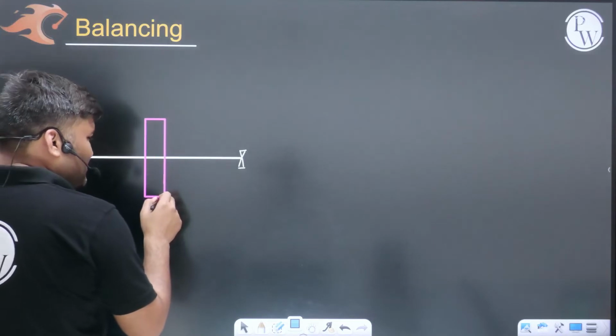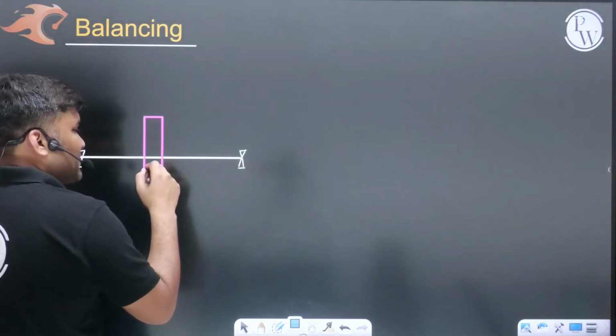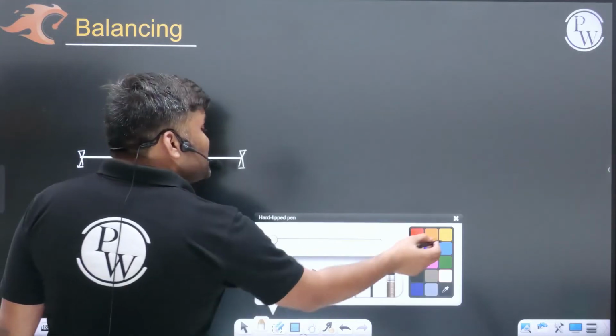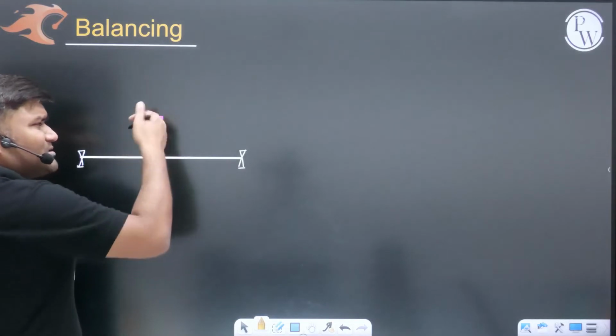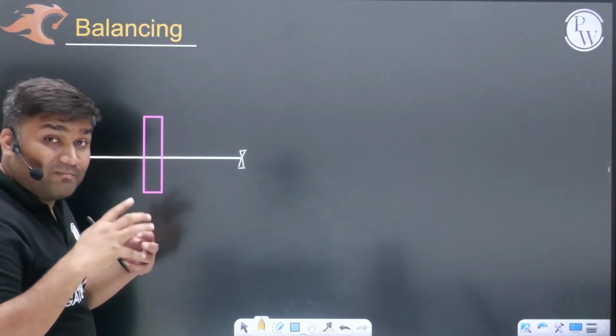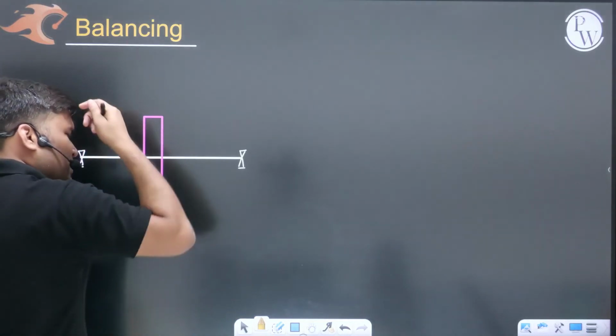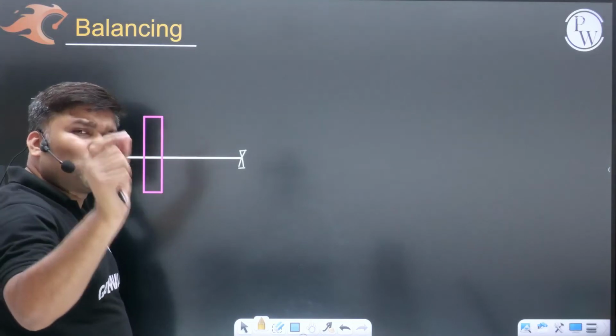It may be some disc, gear, flywheel, whatever. Some disc is mounted here. By any chance, by any error, this disc is not perfectly circular. Some manufacturing error, some error in assembly. Due to so many reasons, there may be some source of error.